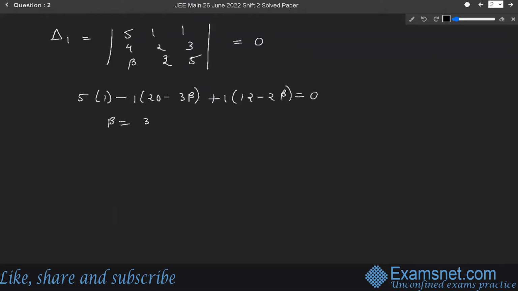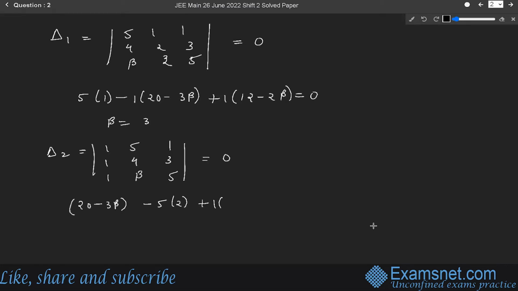Again, delta 2 will be equal to the determinant of 1 5 1, 1 4 3, and 1 β 5. So it will be equal to 0. On expansion, this will be 20 − 3β − 5(2) + 1(β − 4) = 0. So −2β + 6 = 0, so beta will be equal to 3.